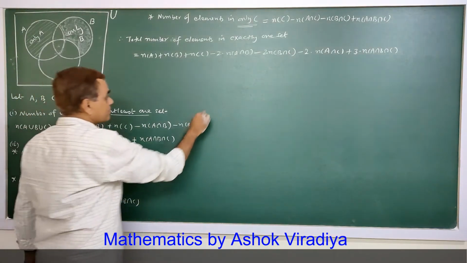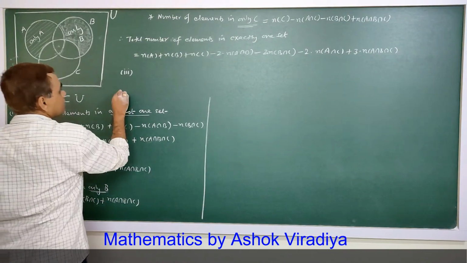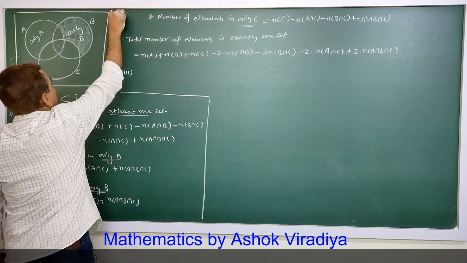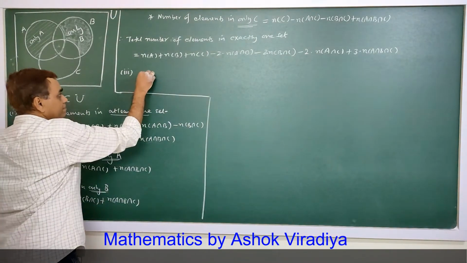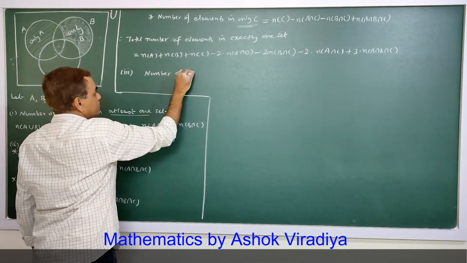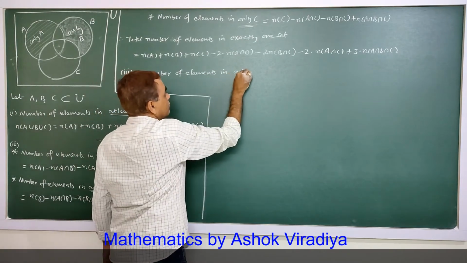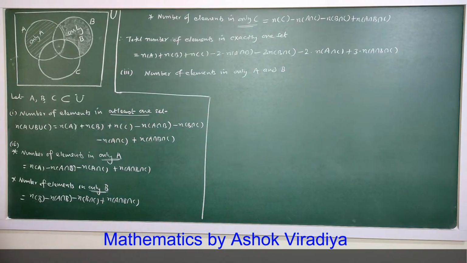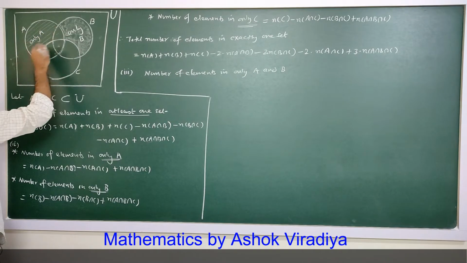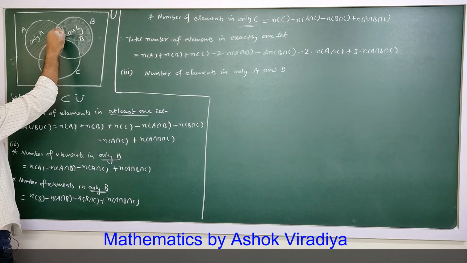Now third result. Number of elements in only A and B. This is for only A and B. Here, this is only A and B, this part.